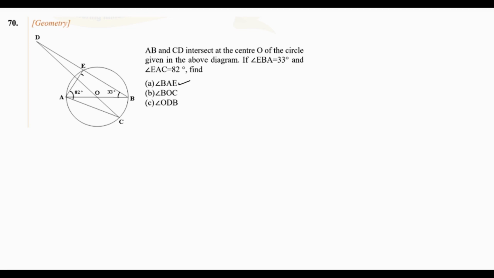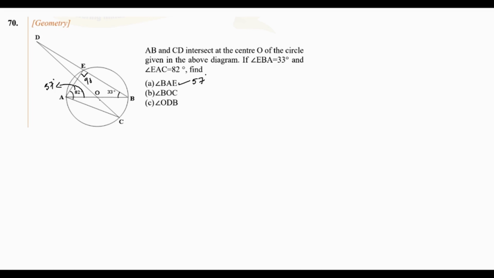So you know that this is the angle in the semicircle, 90 degree. So this angle is going to be 90 plus 33 plus this angle is equal to 180 degree, children. So how much will be this angle? You must know that angle BAE will be 57 degree. So answer for this is 57 degree.